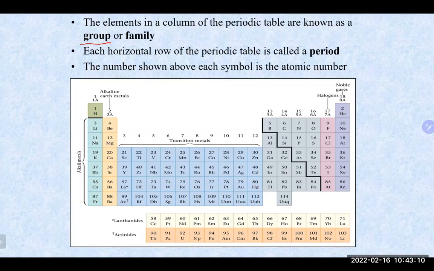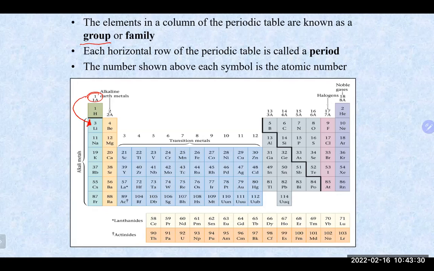One also important thing is in group 1 over here, hydrogen is not part of group 1, even though it is sitting on every periodic table right there above lithium. Group 1 actually starts with lithium. But again, you will see hydrogen there pretty much on every periodic table.